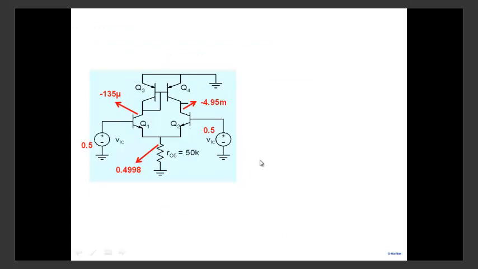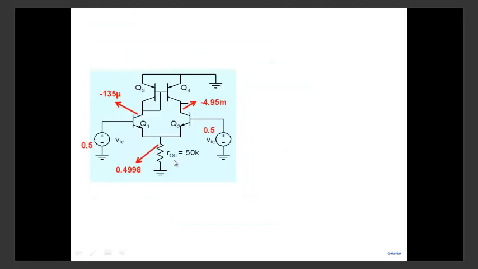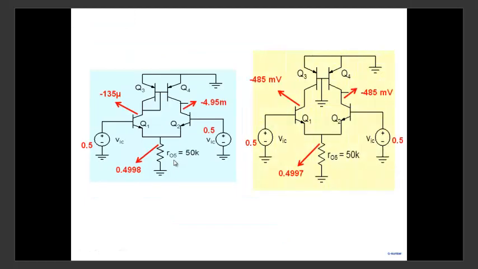Now, look at the two cases here. This is our differential pair with current mirror load, and this is our differential pair with a normal active load where we had a bias.